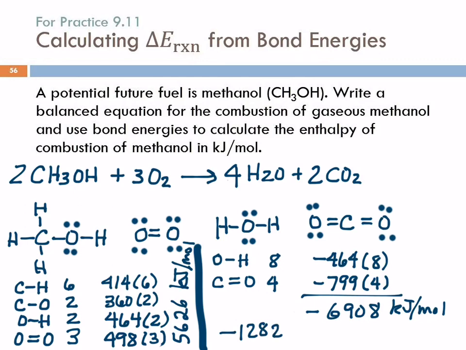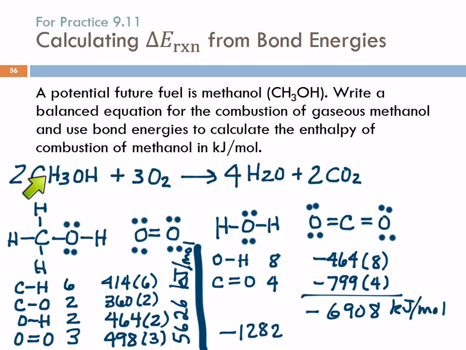Now, you got to think about this for a minute. We want the enthalpy of combustion of methanol in kilojoules per mole, meaning kilojoules per mole of methanol. This is the amount for 2 moles of methanol, because we wrote a balanced chemical equation without using fractions, which is what we're kind of used to doing.